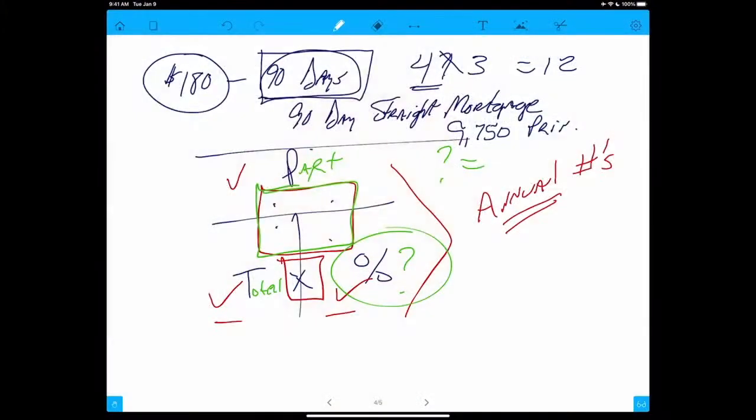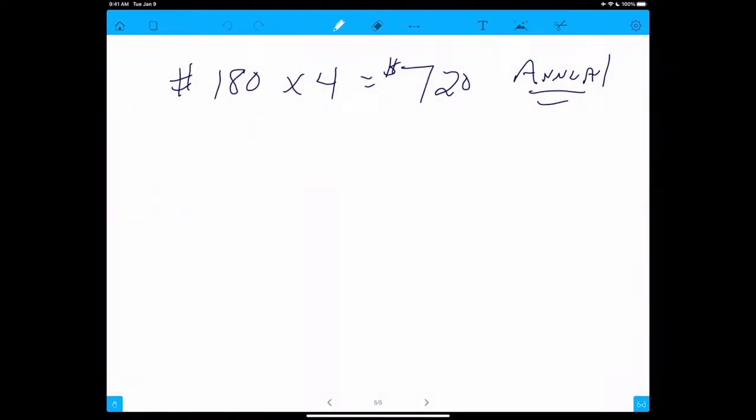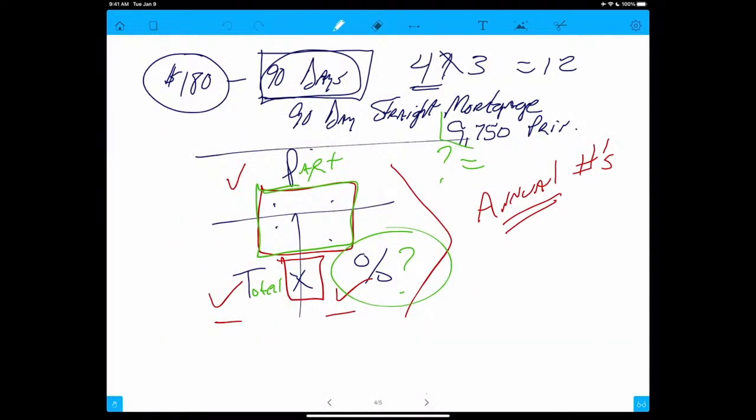Remember, we have the $720 as annual interest, and we have $9,750 principal. Part, I like to always remind people, is the smaller number, and total is the big number.